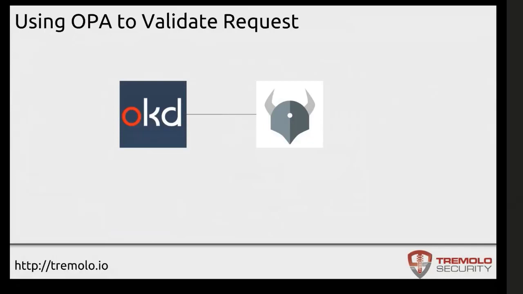Here's the thought process we went through with our deployment of OPA. OPA basically has two parts. It has a policy evaluation engine, and the language that you write policies in is called Rego. And then it's got an internal database. Now, this internal database is ephemeral. It's not like a SQL Server database or anything else like that.